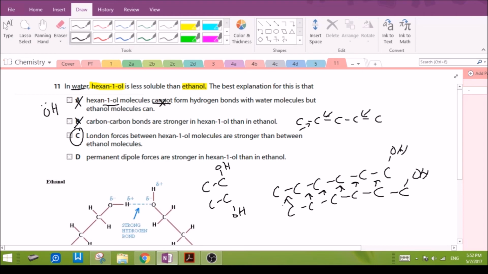So this doesn't allow the water molecules to come into the spaces as easily as compared to in between ethanol. So the water molecules can surround the ethanol molecules more easily. That's why ethanol is more soluble in water.